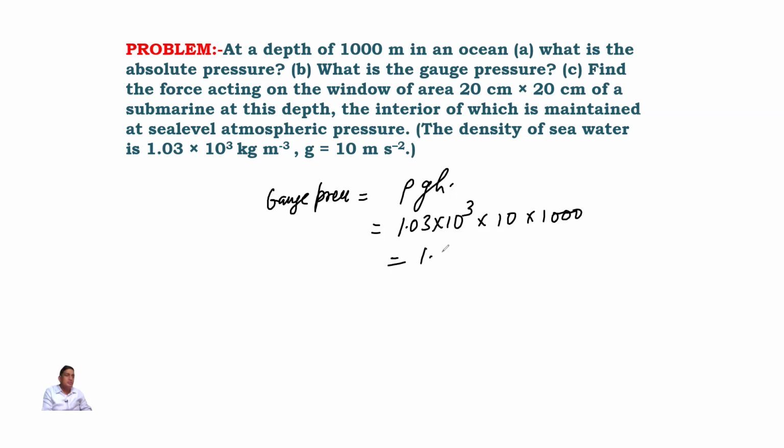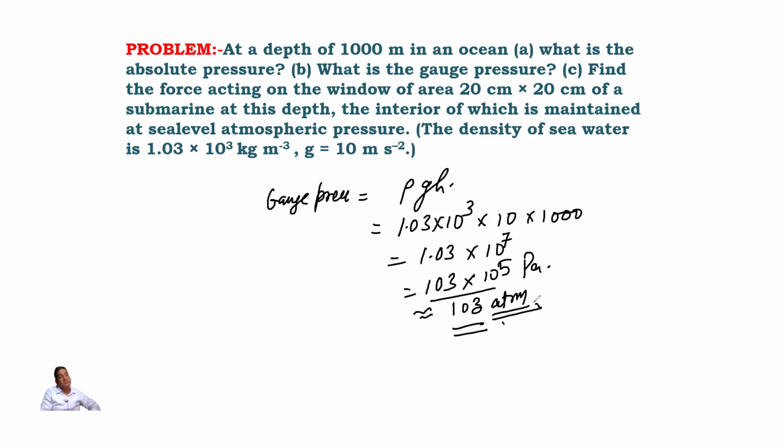So 10³ × 10 × 10³ gives 10⁷, or we may take it as 103 × 10⁵ Pascal. For general knowledge, it is around 103 atm. So that means it is a huge pressure, we cannot sustain at this pressure. So it is 103 atm.